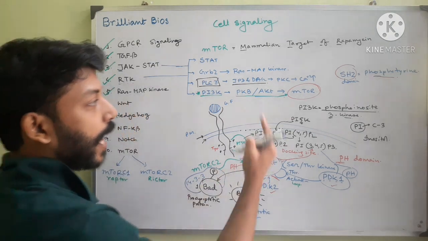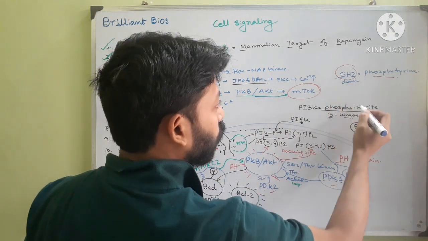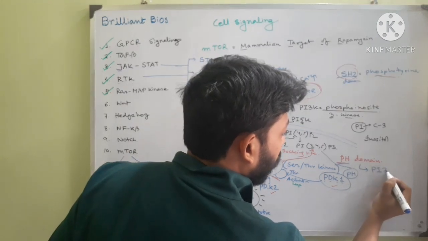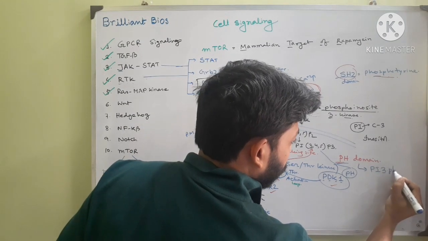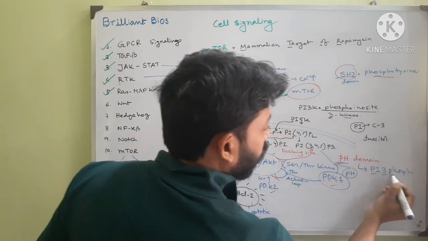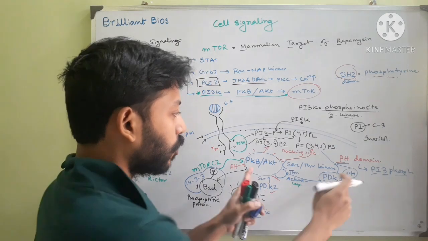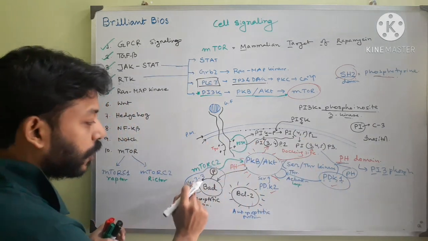Just as the SH2 domain binds with phosphotyrosine, and the PH domain binds with phosphoinositide 3-phosphate, proteins with a PH domain can bind where there is phosphoinositide 3-phosphate. The same is true for 14-3-3.